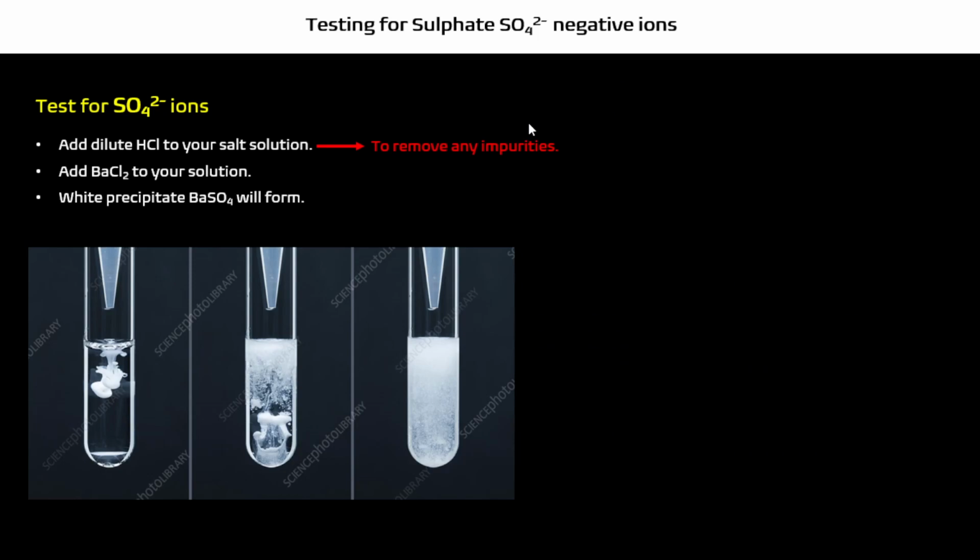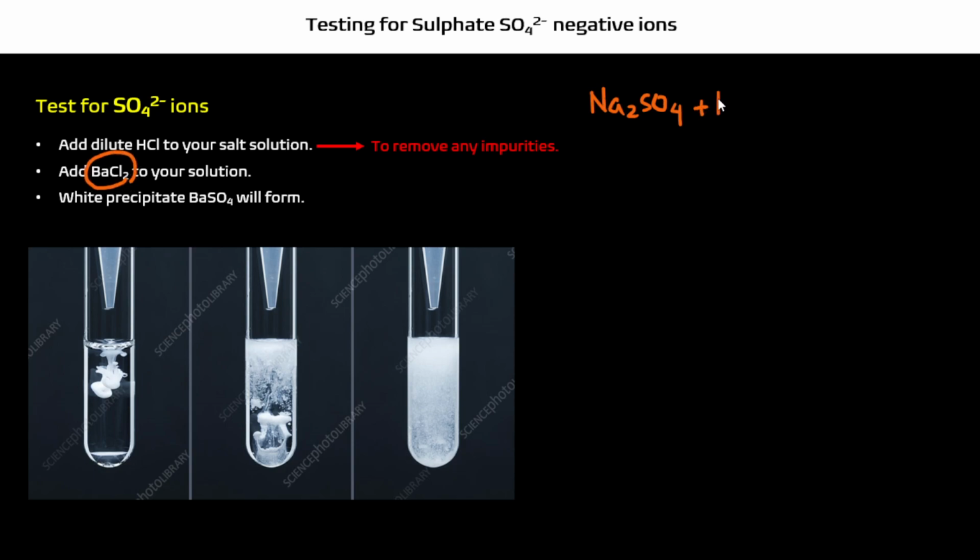Now the test for sulfate ions is, first we add dilute hydrochloric acid to the salt solution. For example, you have sodium sulfate, Na2SO4. In the first stage, we add hydrochloric acid into our salt solution to remove any impurities. Afterwards, we add barium chloride to our solution.